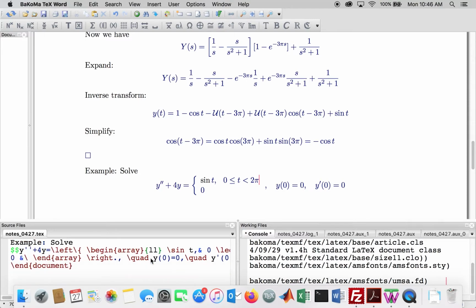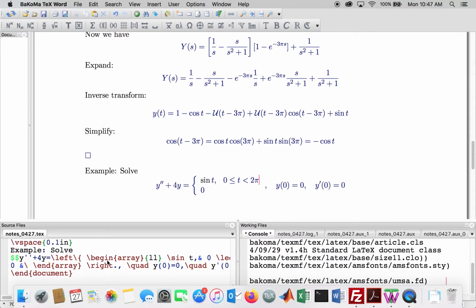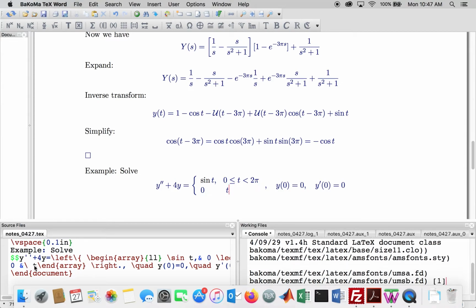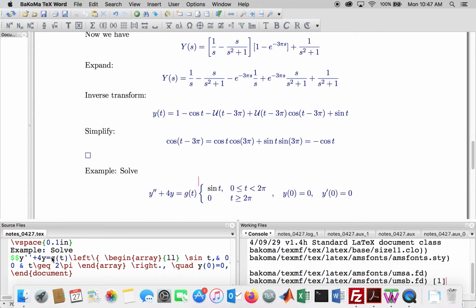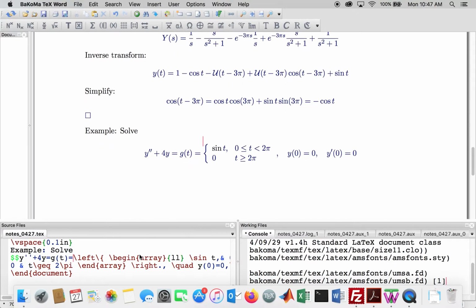And then after that, for t greater than or equal to 2 pi, the function is equal to 0. Okay. Now, I'm going to call this function g of t. All right.